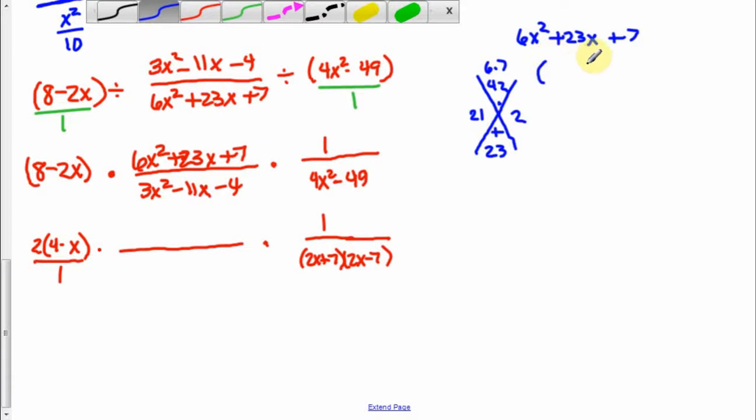So remember, we set up our binomial factors. And remember, our first step is not correct. It's our scratch work step, x and x. It's a plus 21 and a plus 2. So you write x plus 21 over whatever the a is, which is 6, and x plus 2 over whatever the a is, which is 6.